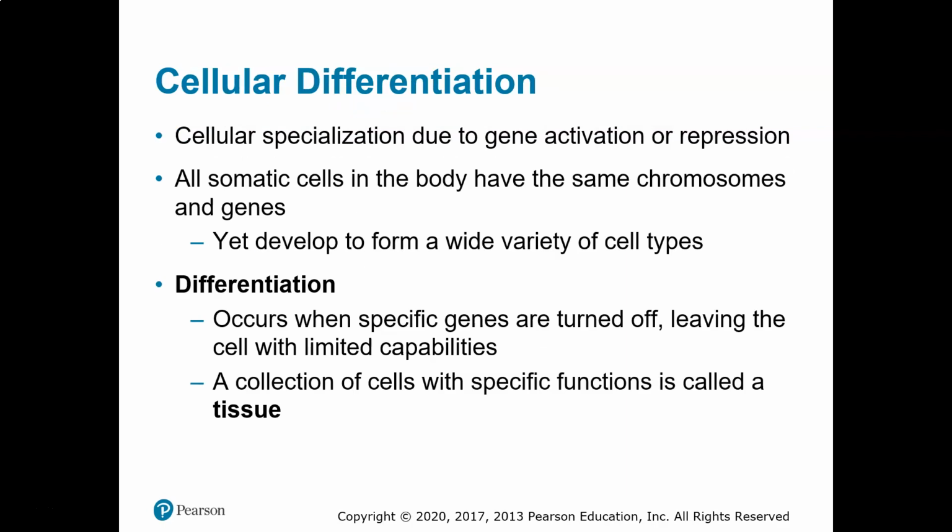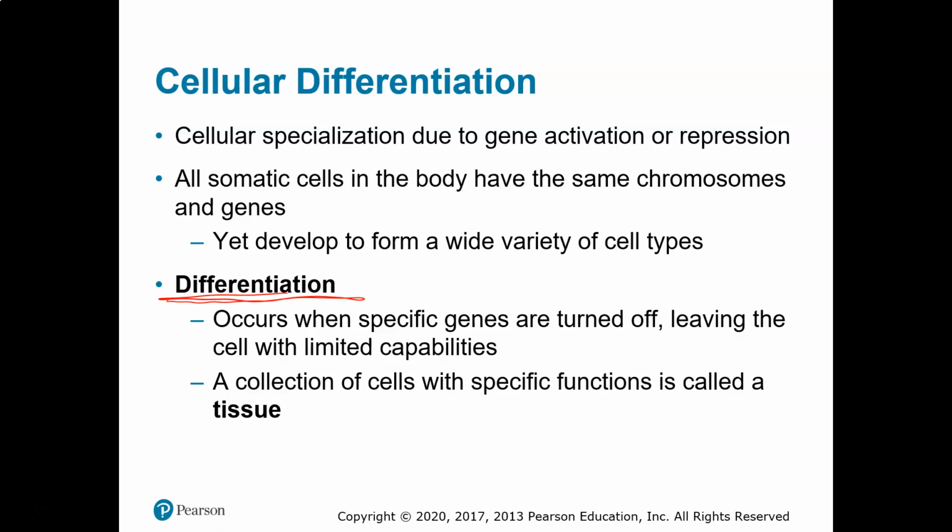In the beginning, when the zygote divides, the original zygote has not differentiated into a special type of cell yet. But after many, many divisions, all of those embryonic stem cells begin to specialize. That's called differentiation. They begin to become blood cells or skin cells or muscle cells.